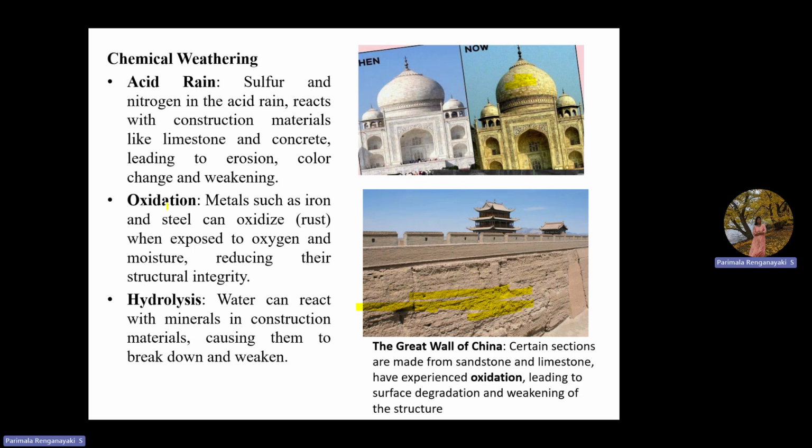Oxidation is the contact of rock with oxygen, whether in the atmosphere or in water. What will happen? Metals such as iron and steel can oxidize when exposed to oxygen and moisture, reducing their structural integrity.